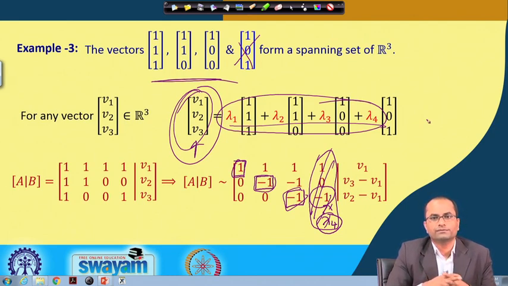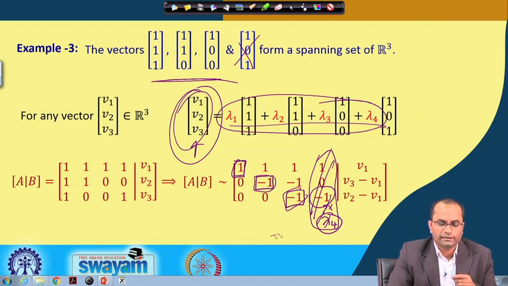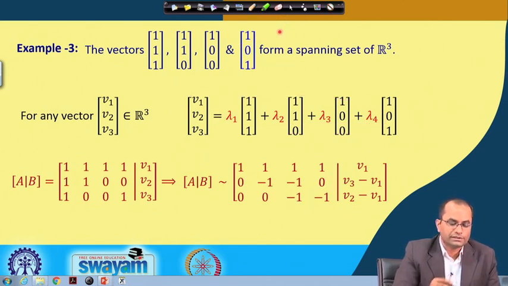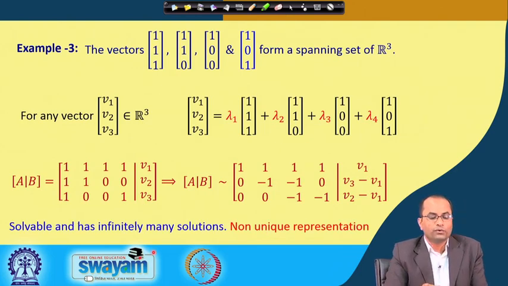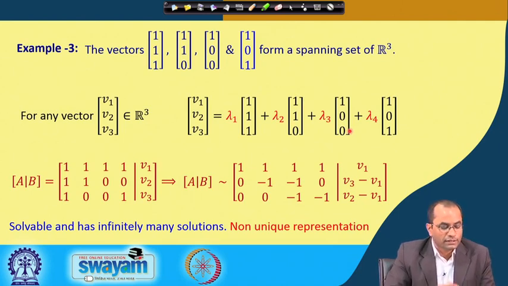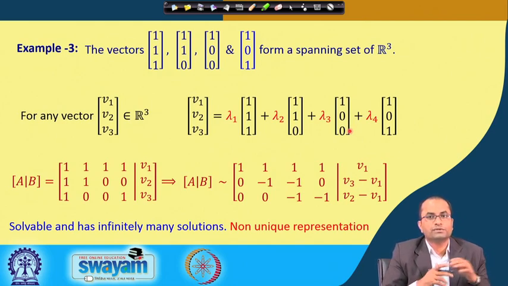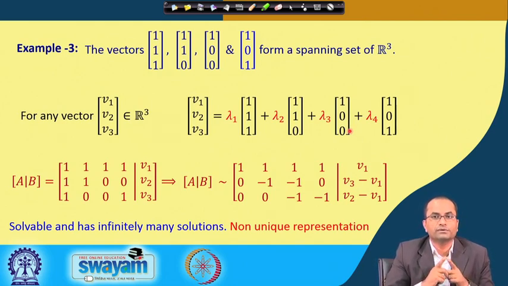The only difference from the earlier example is that we have a non-unique representation: we have to choose lambda 4 and then compute lambda 1, lambda 2, lambda 3. We have basically infinitely many solutions now. In the first two examples, we have a unique representation, and in this case we have a non-unique representation.